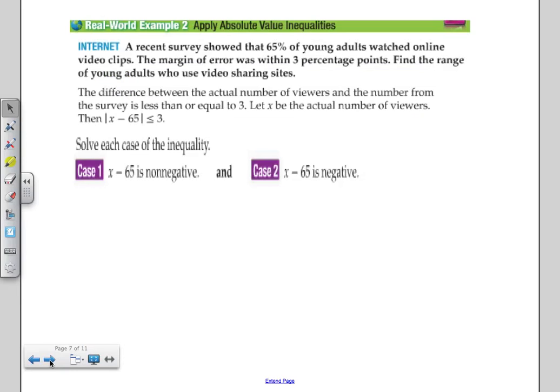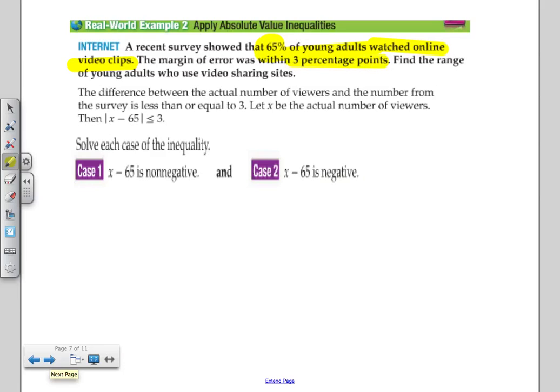I am going to give you a word problem. I'm not going to hold you responsible for them except in a bonus situation. But I just want you to look at how we use these things, because I think it's important to understand the value of studying them if you understand where you might use them. So here we have: a recent survey showed that 65% of young adults watch online video clips. The margin of error was 3 percentage points.